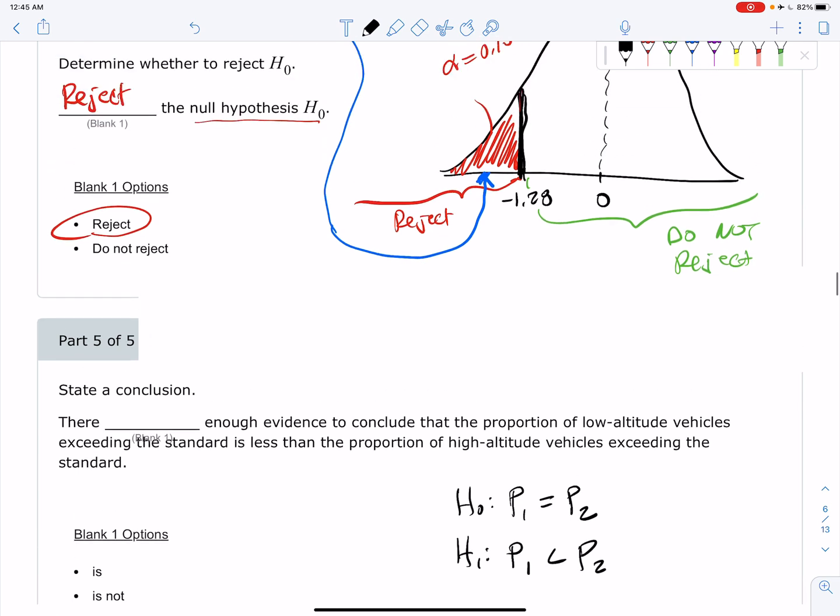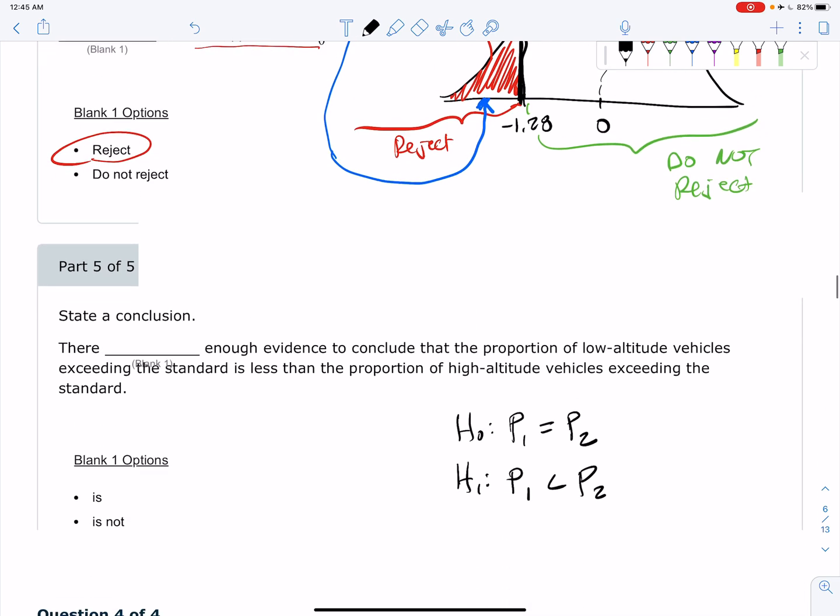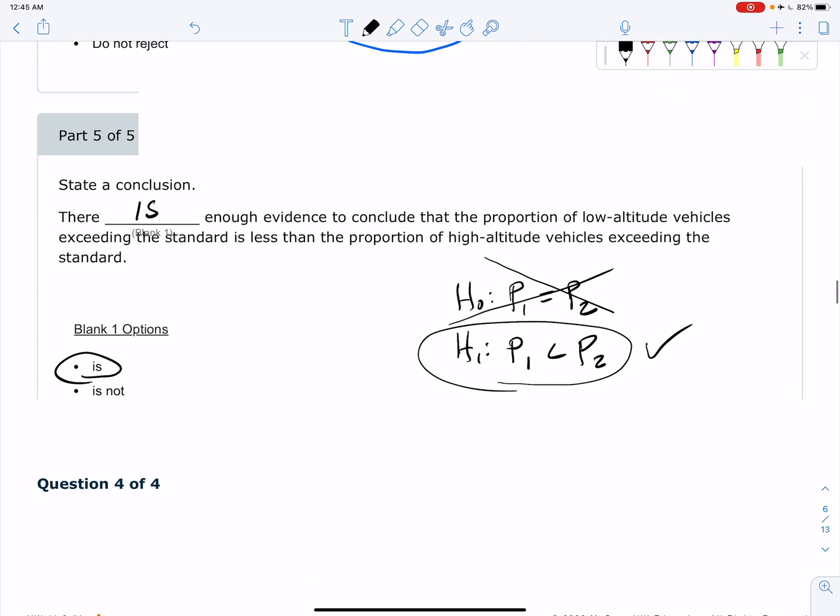We just statistically showed that we must reject our null statement, which means we go with the alternate statement. Because we rejected, there is enough evidence to make the claim that P sub 1 is less than P sub 2.